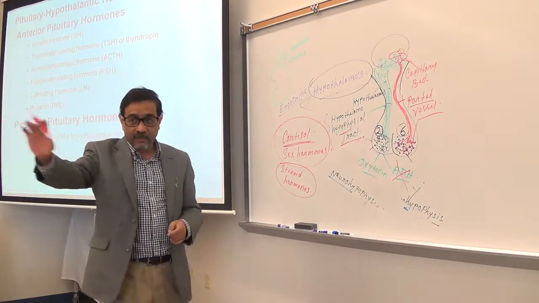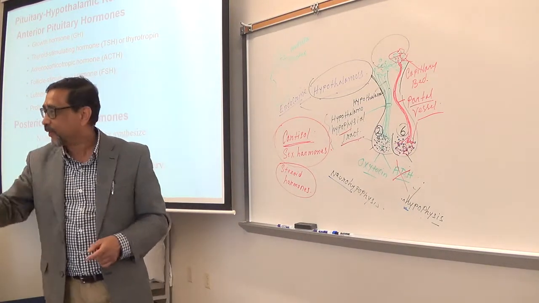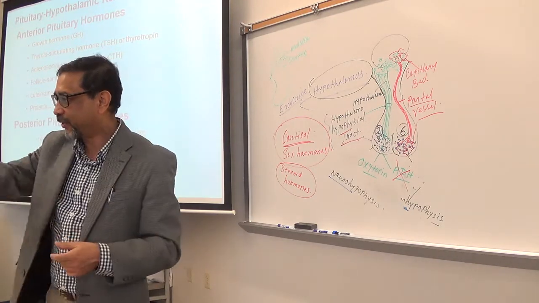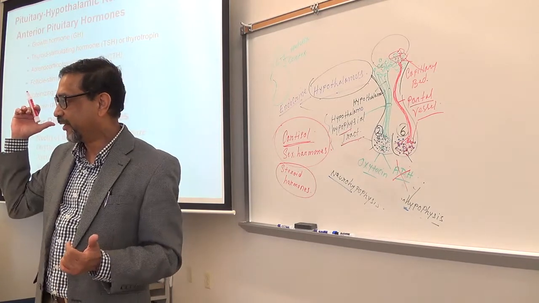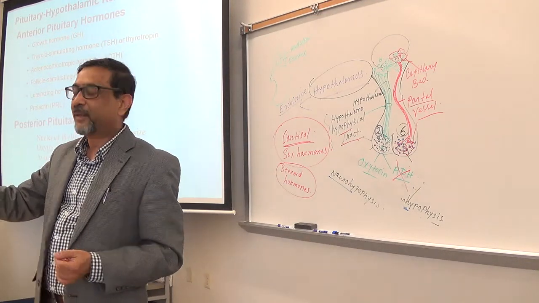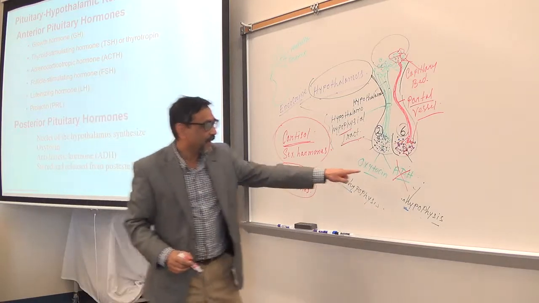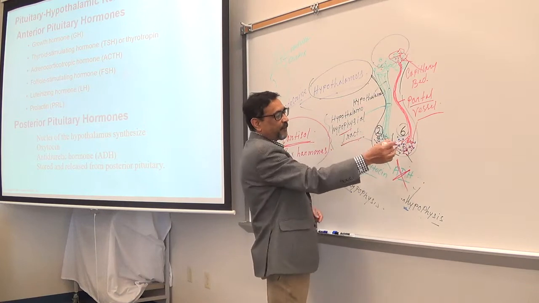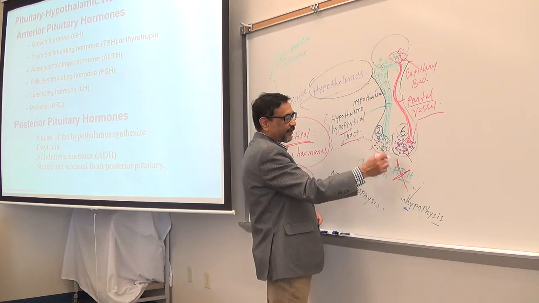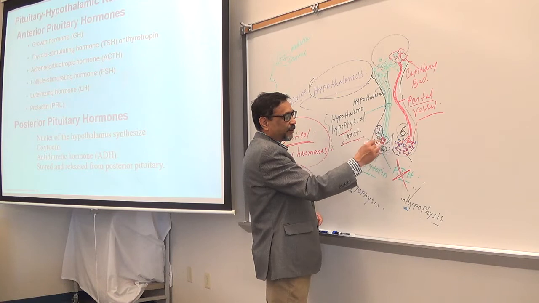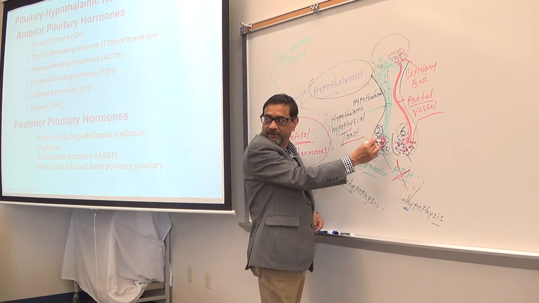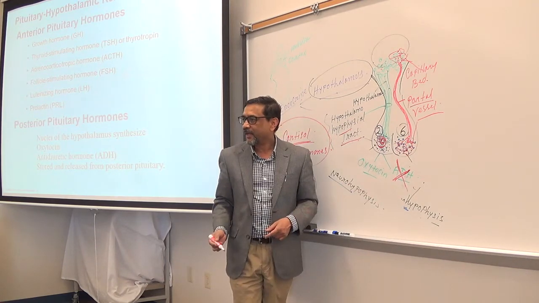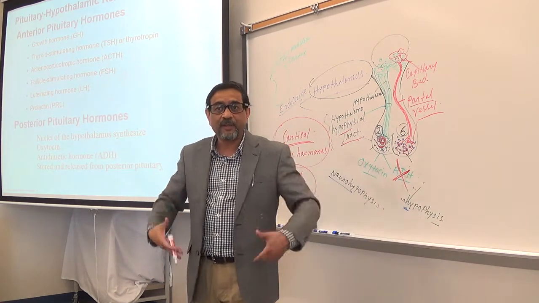No, this is not the common type of diabetes that we relate with insulin or sugar. This is not related to sugar. This is due to lack of antidiuretic hormone. Sometimes we see that a posterior pituitary tumor can destroy the cells here, right? Destroy the posterior pituitary. So ADH secretion will be less. So the person produces plenty of urine.